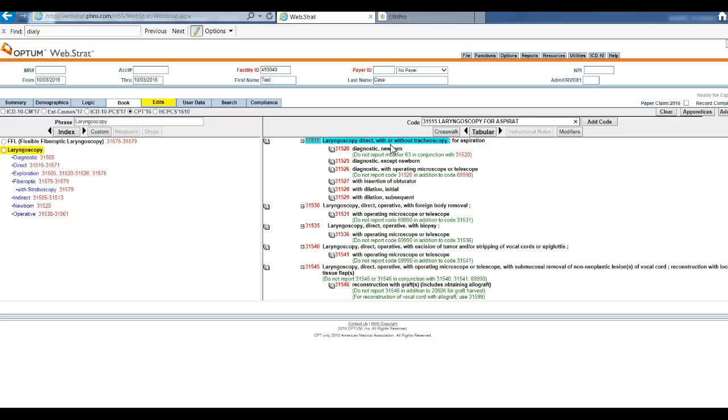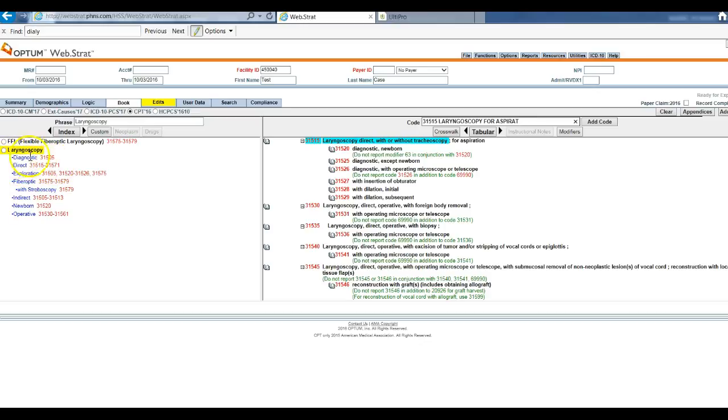respiratory system. Correct. Okay, so my word laryngoscopy, that is my main search term for today, for my procedure. Now the provider did a diagnostic laryngoscopy, but he also did a direct laryngoscopy.